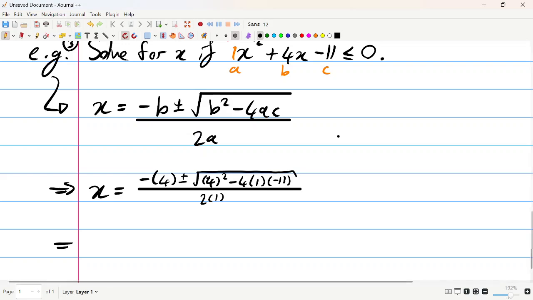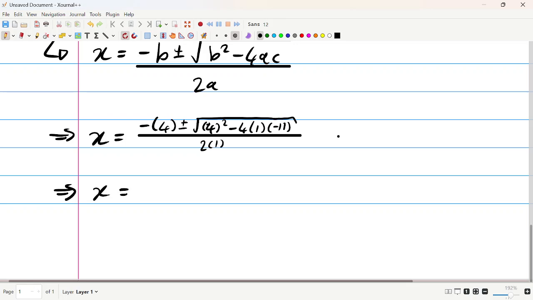Now we can simplify this and say x is equal to negative 4 plus minus the square root of 4 squared, which is 16. I'm going to write this all down over here. It's just going to be 16 minus 4 times negative 11, which is just plus 11, right? And then 16 plus 11 is equal to 27.